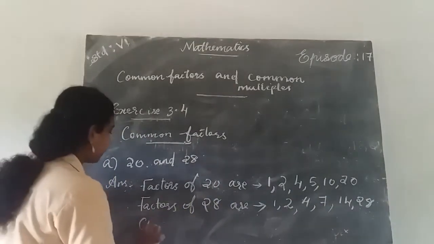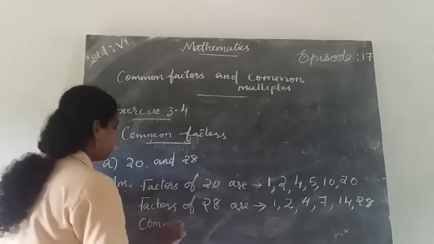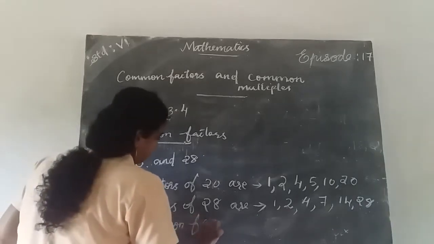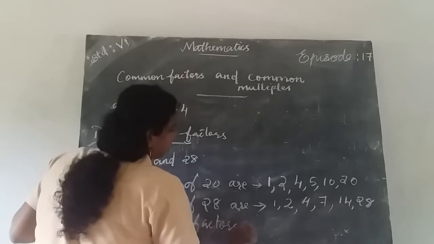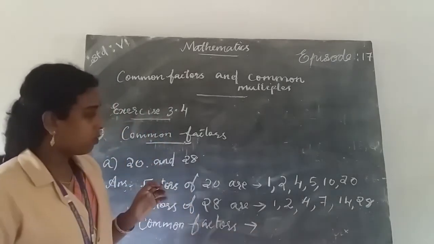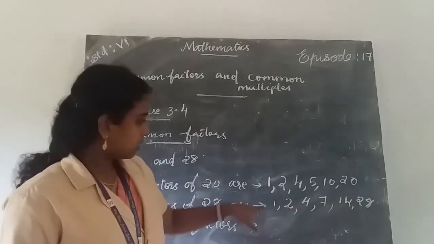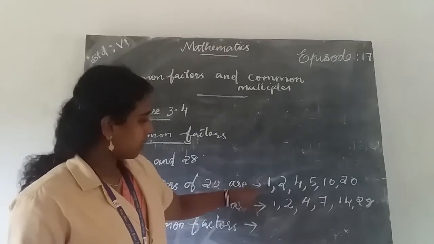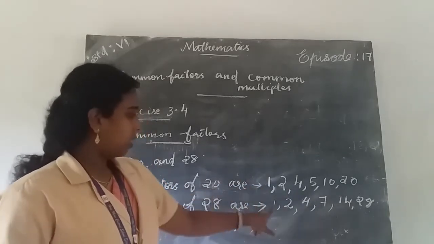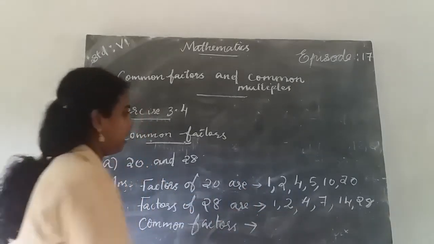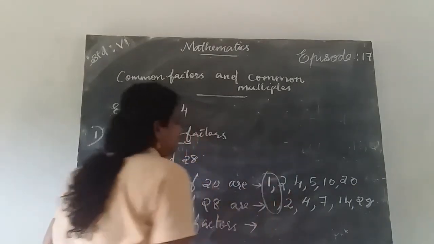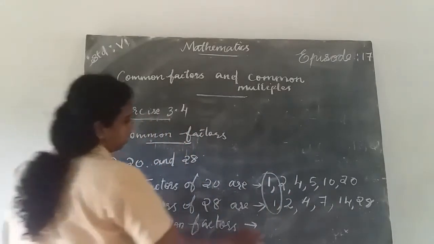And the common factors are, what is the common factors of 20 and 28? Just look at the factors. Here 1 is a factor of 20 and 1 is also a factor of 28. So 1 is common.